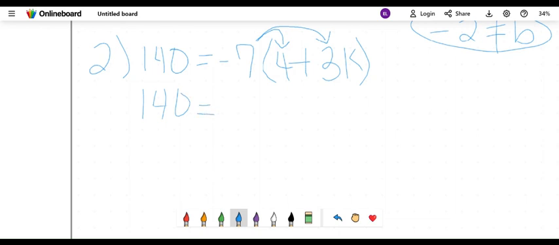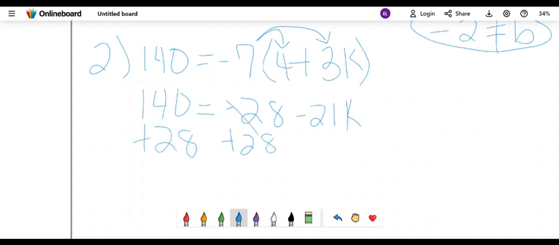Negative 7 times 4 is negative 28. Negative 7 times 3k is negative 21k. So now we have a two-step equation. As usual, we isolate the variable. First, we get rid of 28, so we add 28 to both sides.